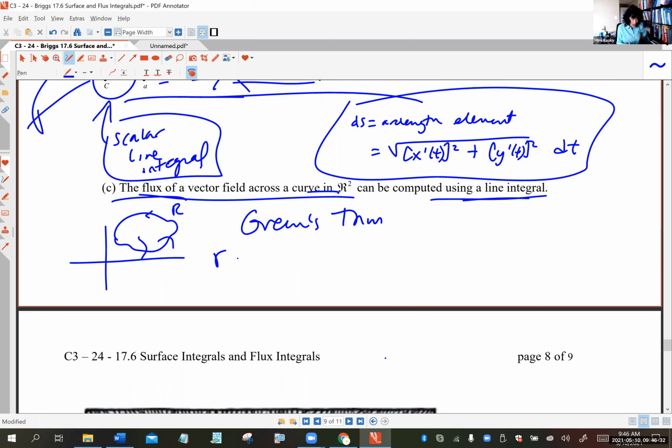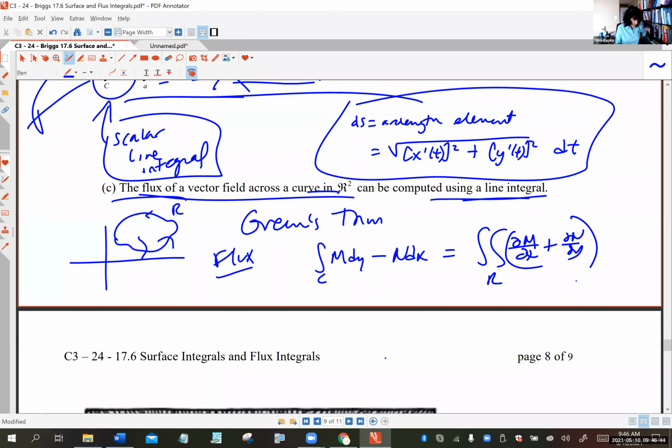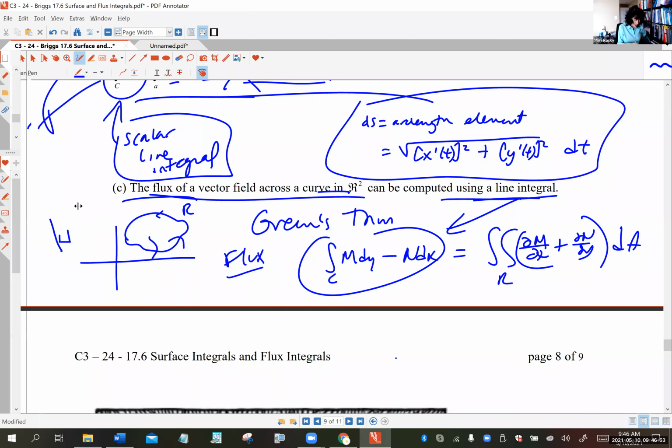The flux version, which I gave you, is this line integral, M dy minus N dx, which you can rewrite as a double integral, where you take the divergence of the vector field. So this line integral is like that, and so the answer is true.